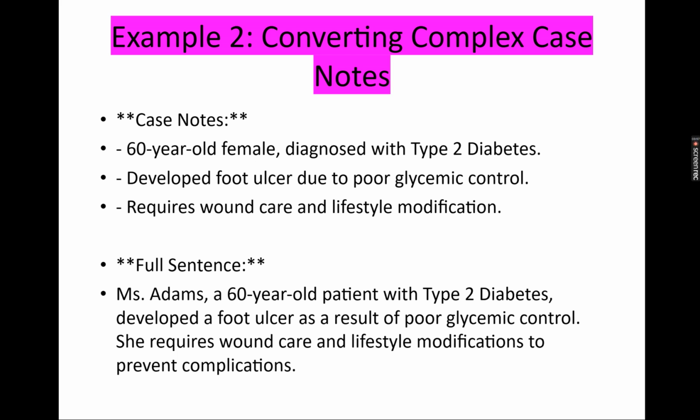So create the sentence with the subject, that is the patient's name: Miss Adams, a 60-year-old patient with type 2 diabetes, developed a foot ulcer as a result of poor glycemic control. The information in the case notes is transformed into first sentences. Then again make it into second sentences. She requires wound care and lifestyle modifications to prevent complications.